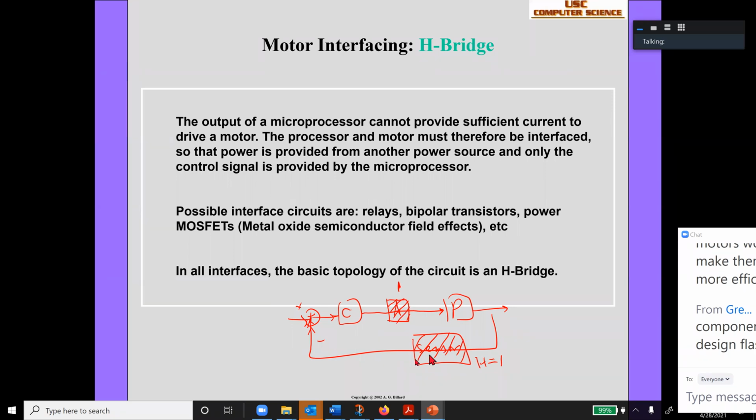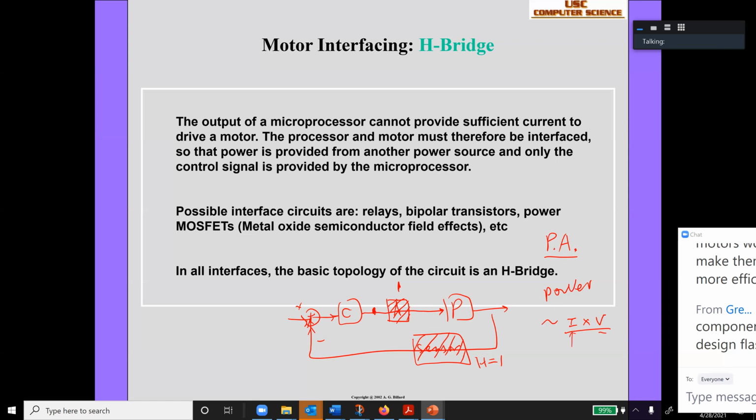But in our case, we still need another thing called a power amplifier. If the signal out from this control circuit is not strong enough in terms of power, and power is proportional to I times V, then if V is okay, I is usually small.